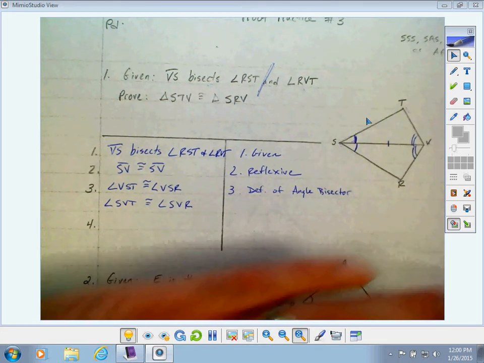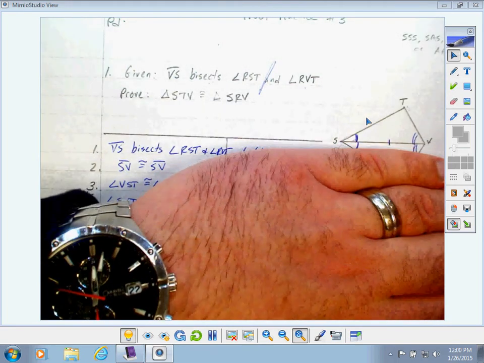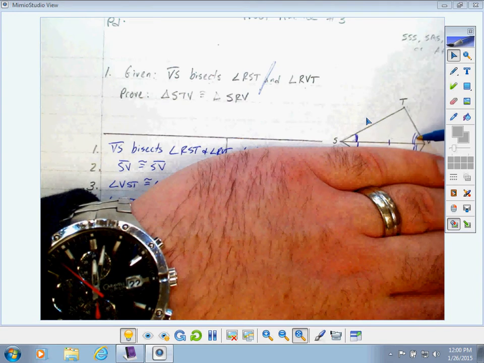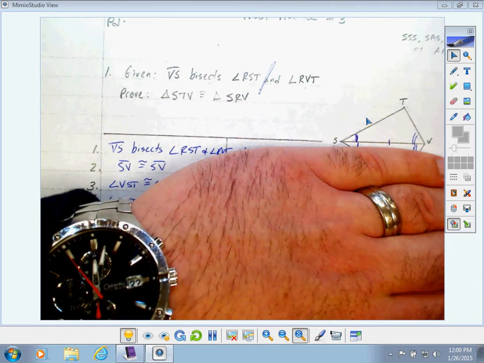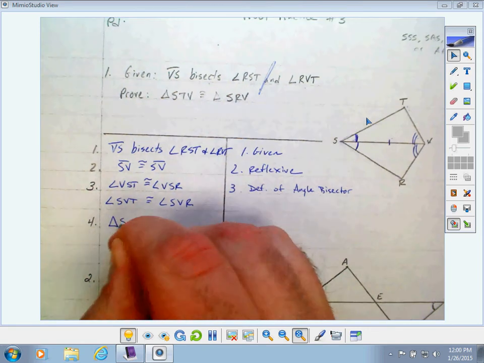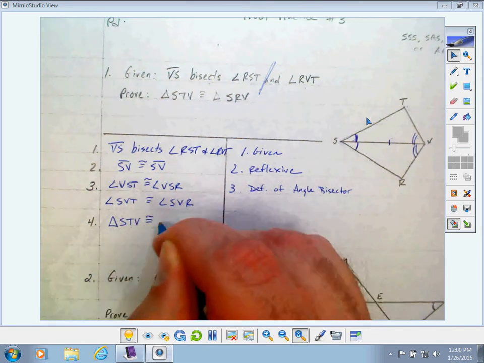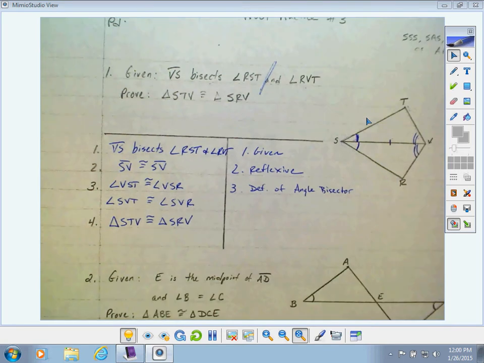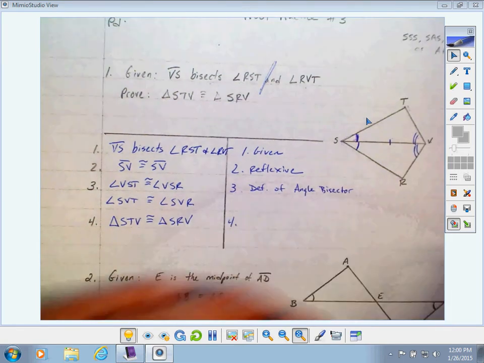What I would say is anytime you get a pair of triangles and if you focus on one of them, you should have 3 things, separate things marked in that triangle. When you have that, you're ready to say they're congruent. So this is triangle STV congruent to triangle SRV. Now the reason is something you'd have to look at a pattern for.